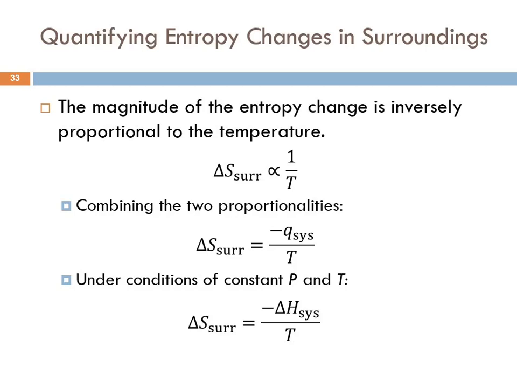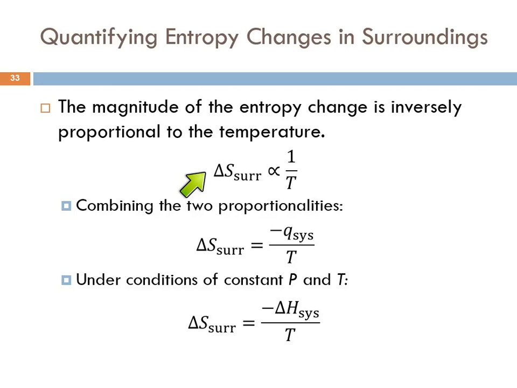We also know that the magnitude of the entropy change is inversely proportional to the temperature. If the temperature is larger, the change in entropy is smaller. If the temperature is small, the change in entropy is larger.